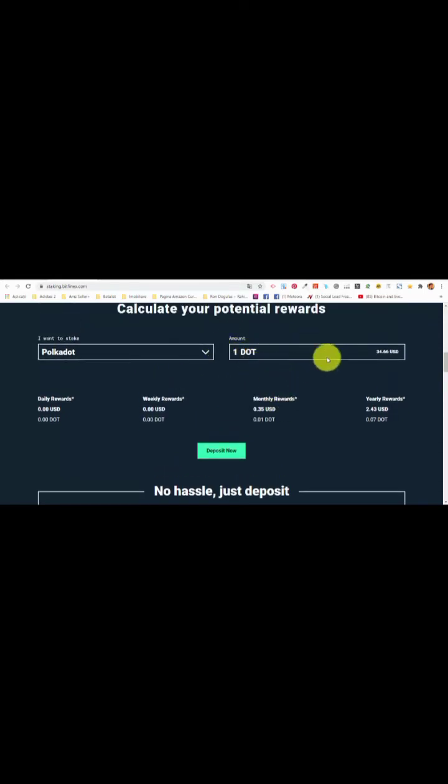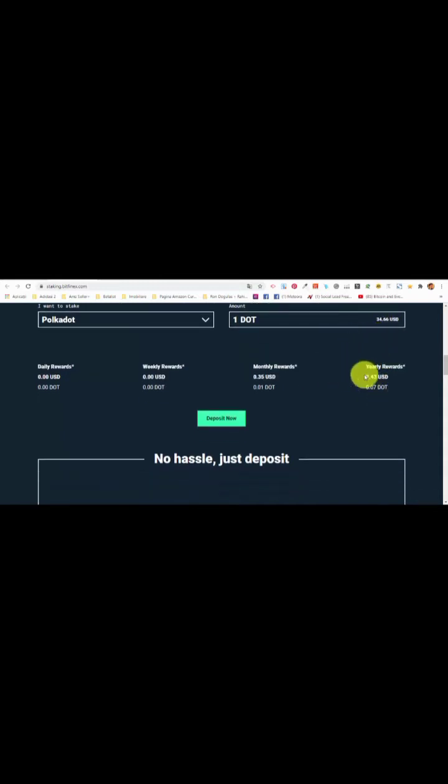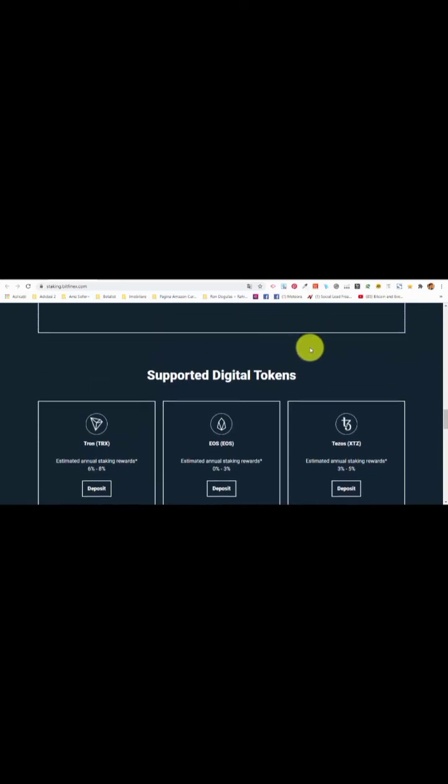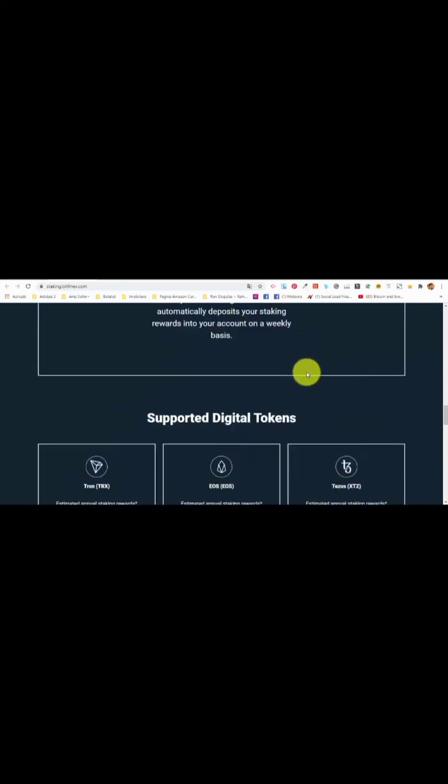It will show you that the equivalent in dollars of a Polkadot is $44.66. The yearly reward for one Polkadot in staking is 2.43 USD, which means it's around, if I'm not mistaken, 7% per year. Okay, so it's not a lot, but obviously it's earning, it's passive income.